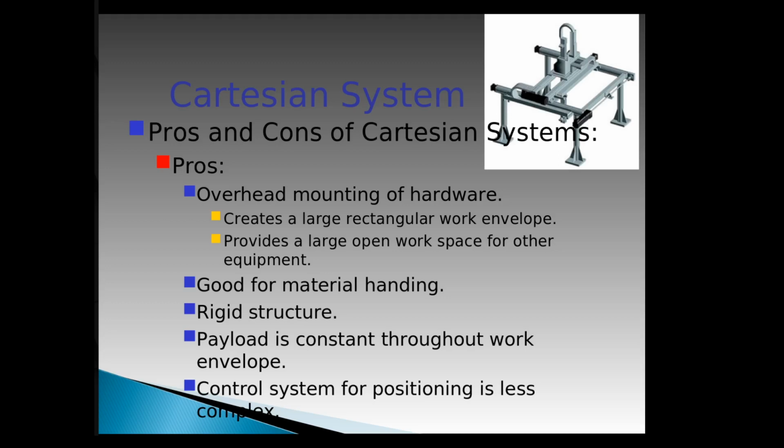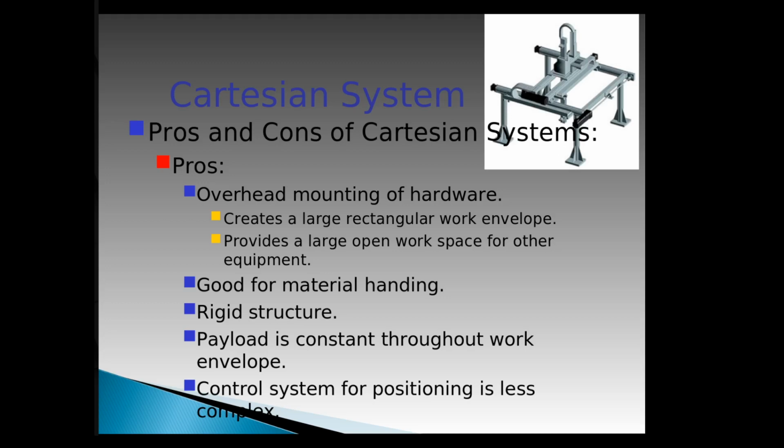Okay. The pros of these types of systems: they create large rectangular work envelopes, so there's a large area, and everywhere within that rectangle can be reached by your end of arm tooling.